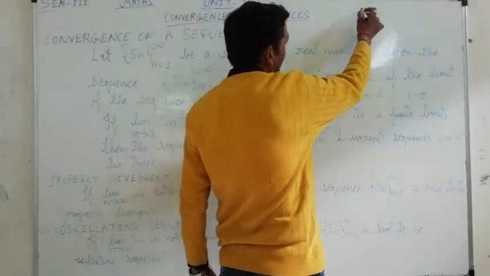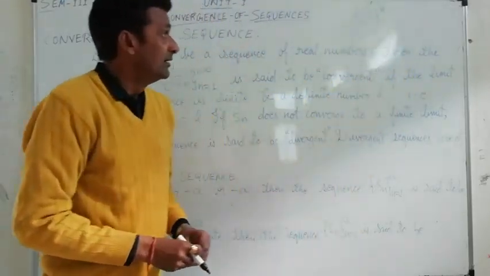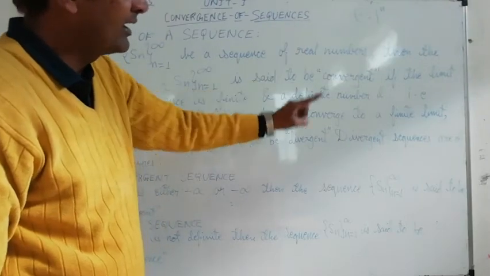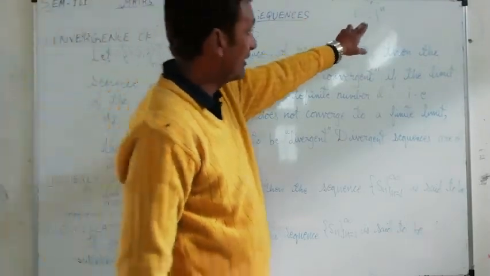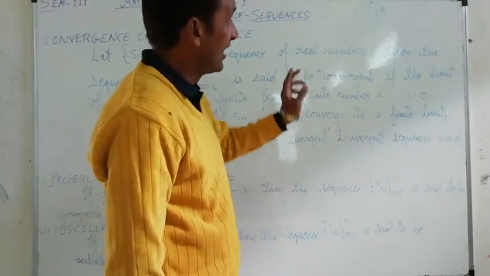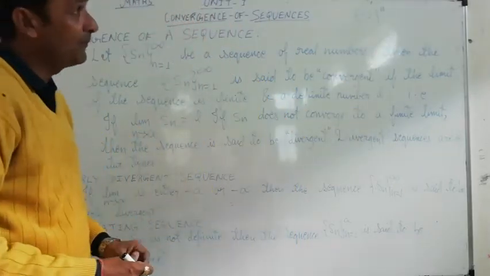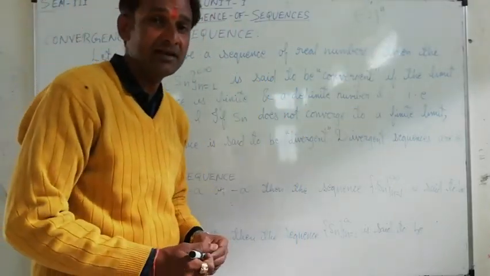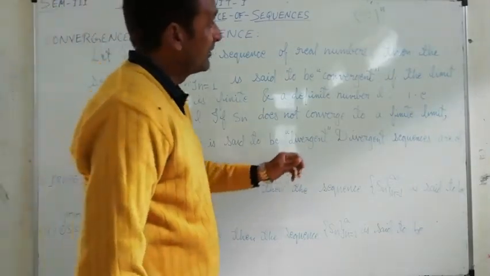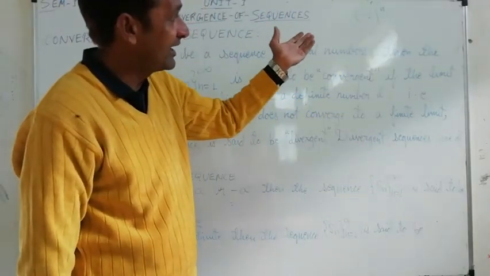Suppose I give one example of this. Suppose I write here minus 1 raised to the power n. If the power is 1, then we get minus 1. If the power is 2, then it will be minus 1 squared, which is positive 1. Again for 3 it becomes negative. So for all odd numbers we get minus 1 as a result, and for even powers we get plus 1.